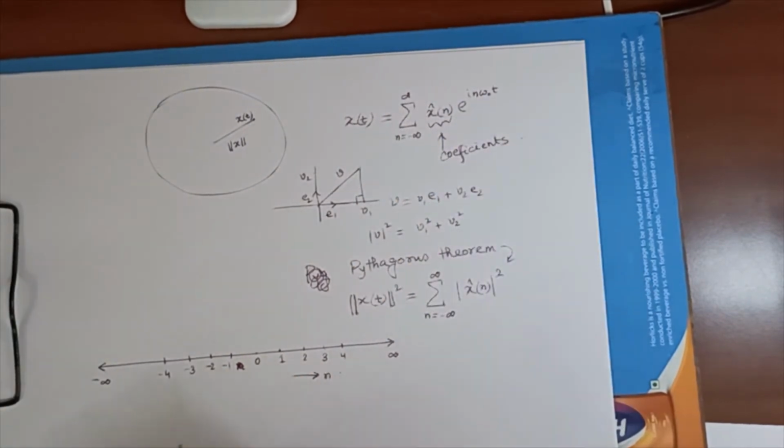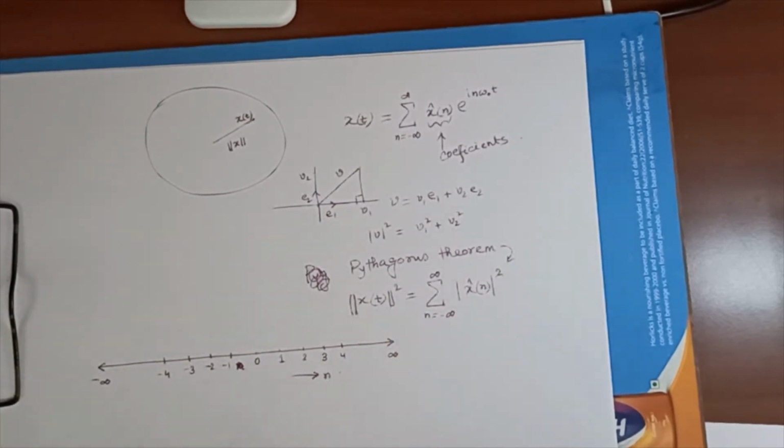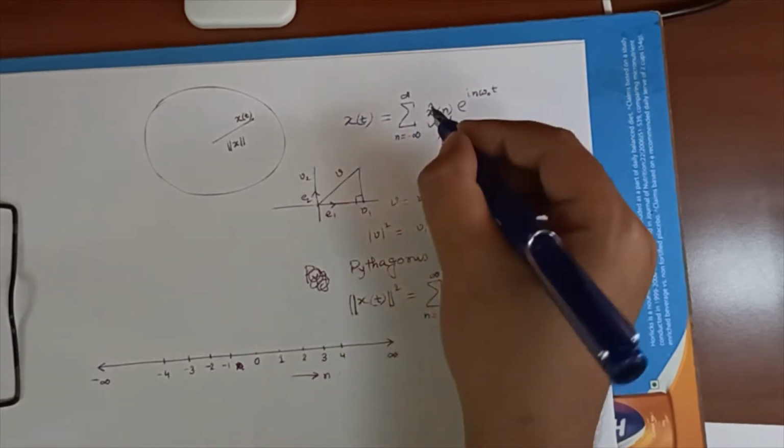So basically you will get two sequences, which in two colors you can write: one for the real part, another for the imaginary part. Or you can plot the amplitude and phase of x hat n.